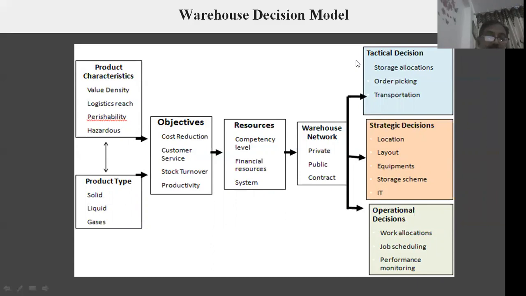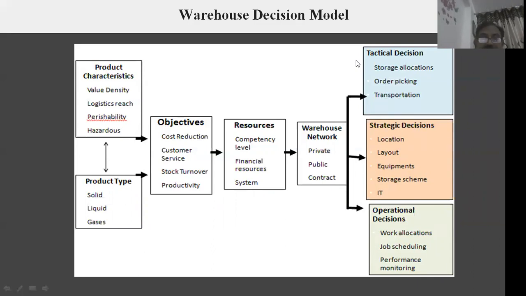Then the decision depends on our objective. Do we want to reduce the cost, or do we want to improve the customer service? What kind of stock turnover is required? What kind of productivity is required?